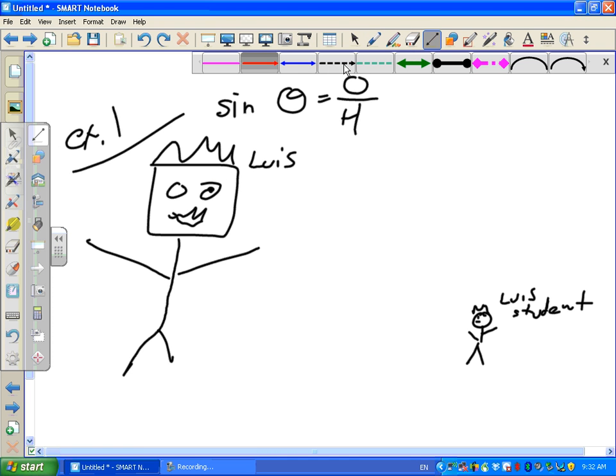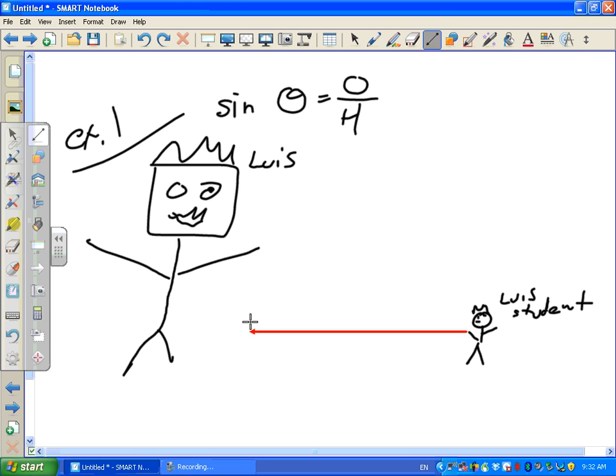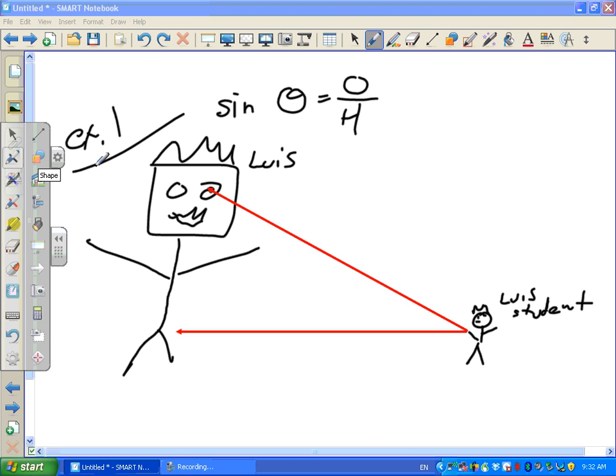So, first of all, that means he's dealing with the angle of what? Depression or elevation? Good. So we'll say this is his hand, and he needs to throw the spear directly in the eye. We'll say that the angle of elevation is 55 degrees.